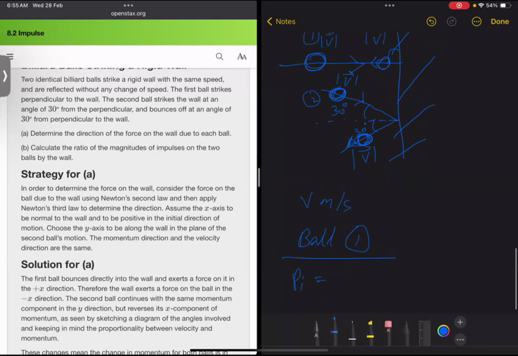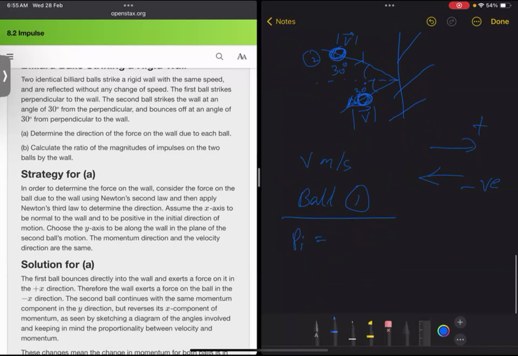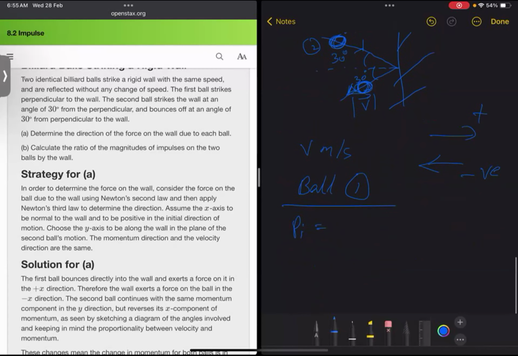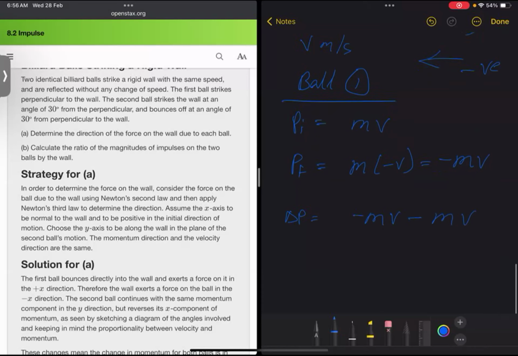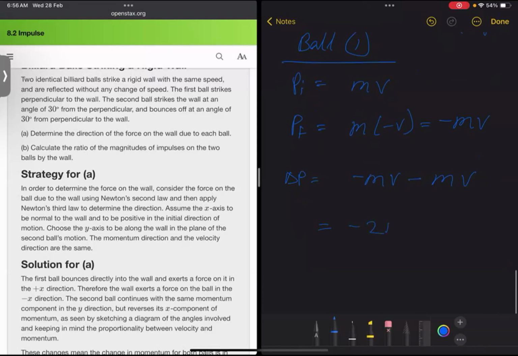If we consider this direction as positive and the opposite direction as negative, the initial momentum of ball one is m times v. And the final momentum of this ball is mass multiplied by negative v, that is, negative m v. So what is the change in momentum? Final momentum minus initial momentum, which is negative 2 m v.